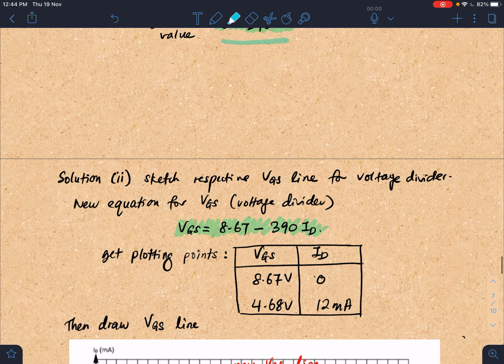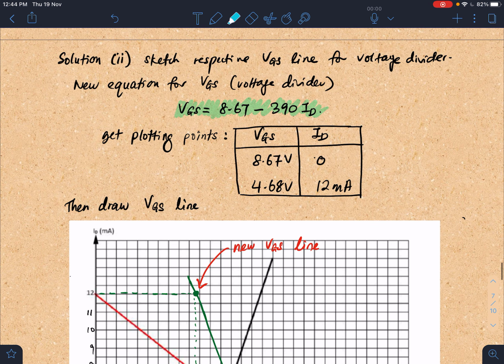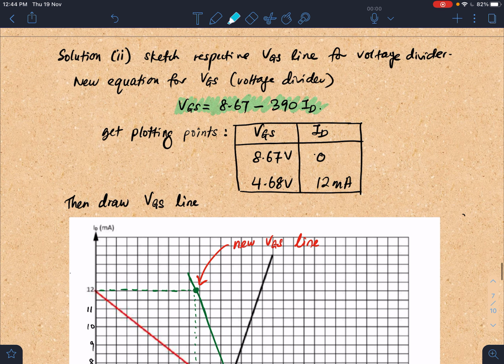Then we go to solution number 2. For solution number 2, we sketch the VGS line for the voltage divider. The new equation for the VGS voltage divider is VGS equal to 8.67 minus 390 ID.